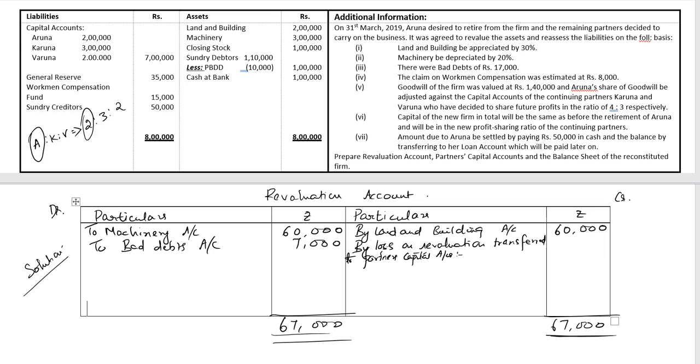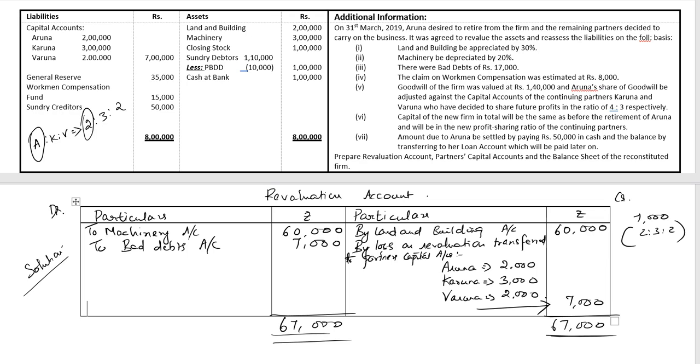We have Aruna, Karuna and Varuna. The total loss 7,000 rupees to be distributed in OPSR 2:3:2. So it's 2,000 rupees against Aruna, 3,000 rupees against Karuna and 2,000 rupees against Varuna. So this is a revaluation account.